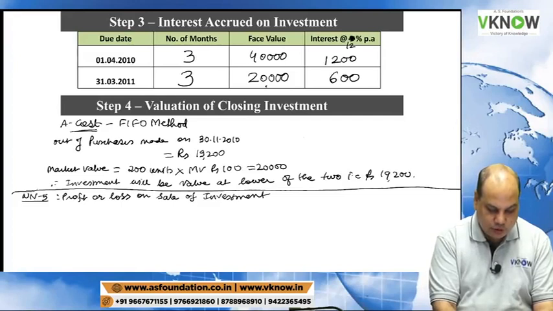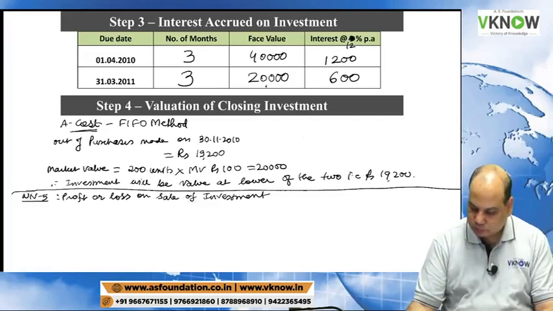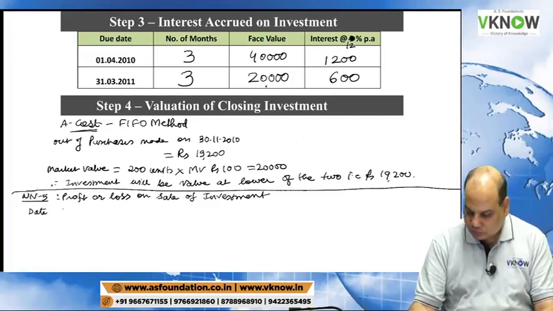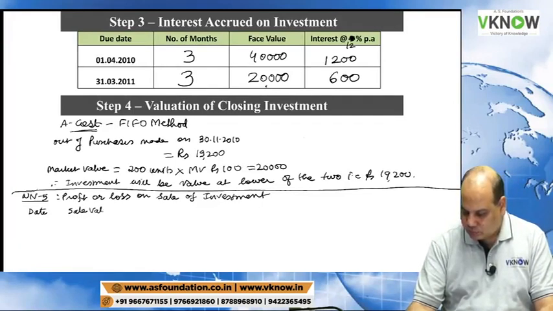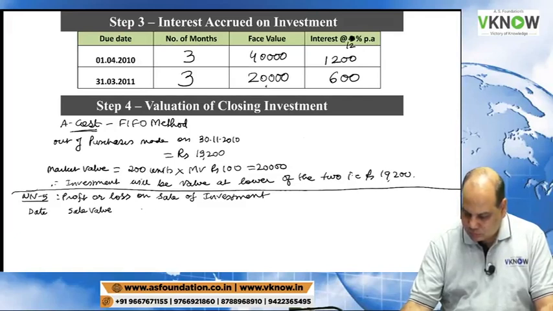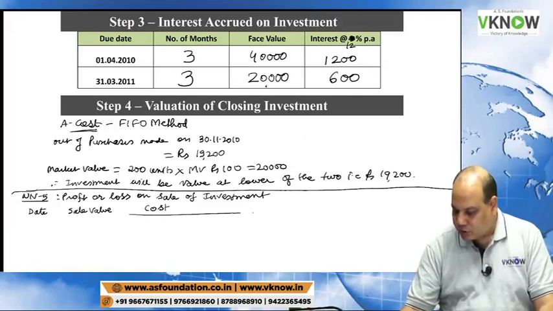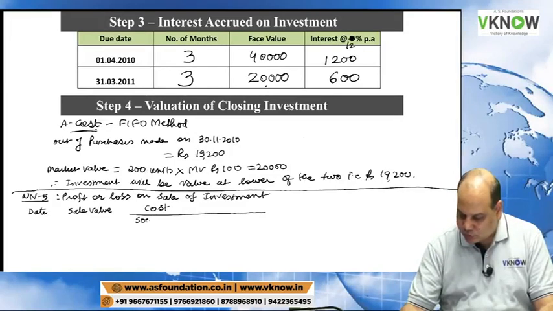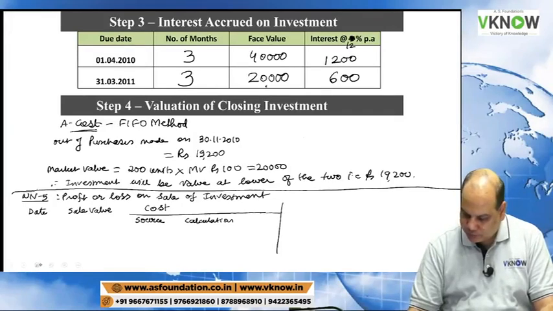So write down first column, date, sale value, cost. Under cost, write down source and calculation, and then write down profit.